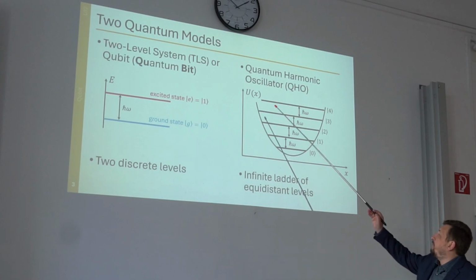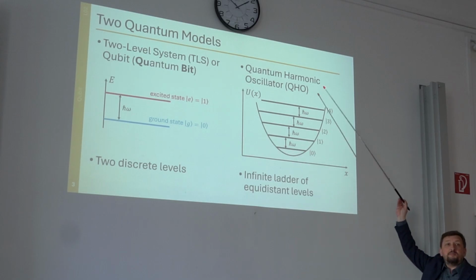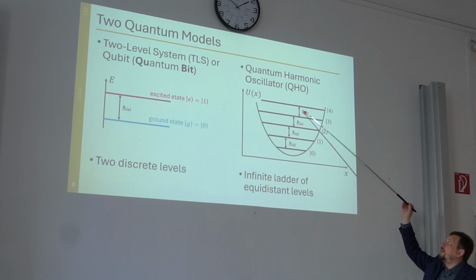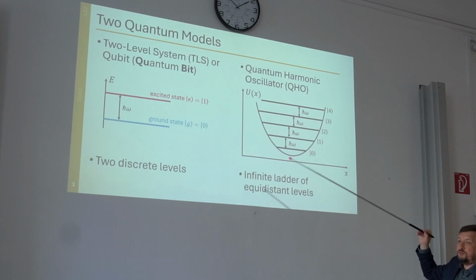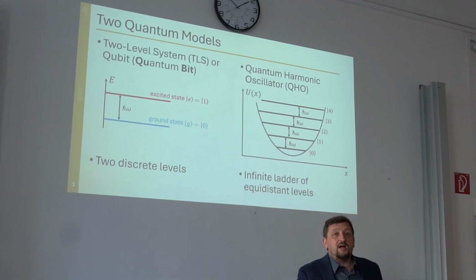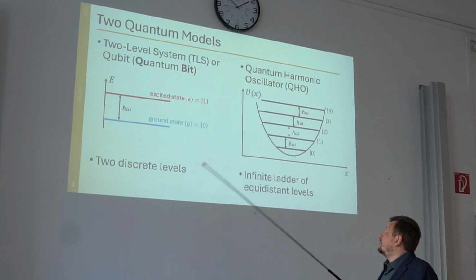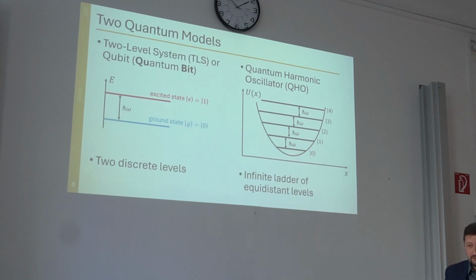You know that if we have a particle in a parabolic potential, there will be discrete energy levels, but there will be infinitely many of them, and the energy distance between neighboring levels is always the same, and we can write it as h bar omega, where omega is exactly the same as the frequency of the classical harmonic oscillator with the same parameters. So this model is also very useful.